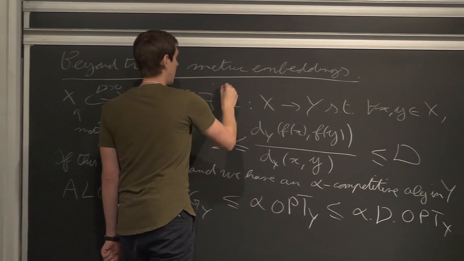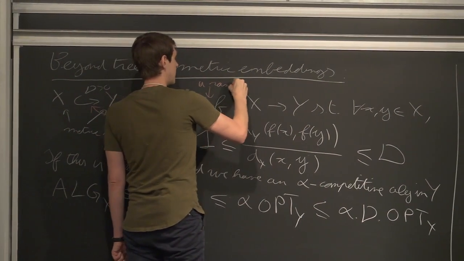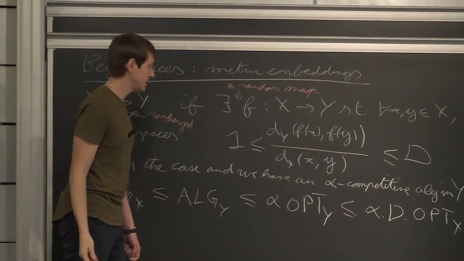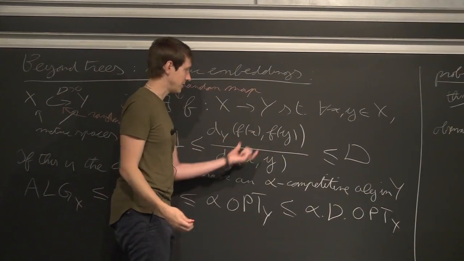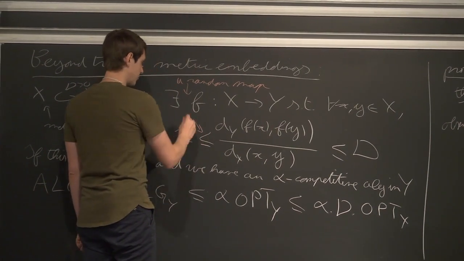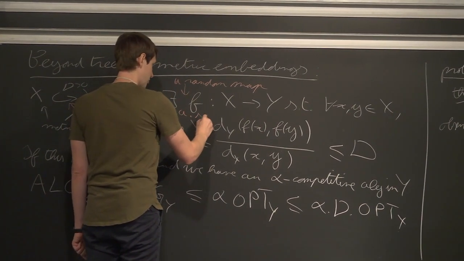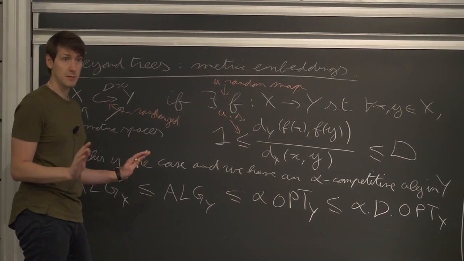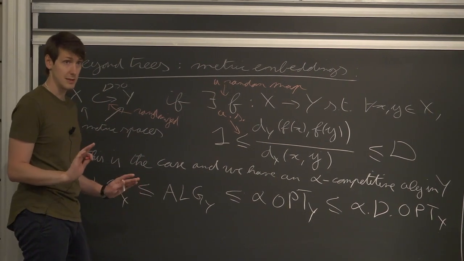It means there exists a random map f, so now f is not deterministic, such that this inequality is always true, almost surely. So the map is always non-contracting; it never reduces distances.